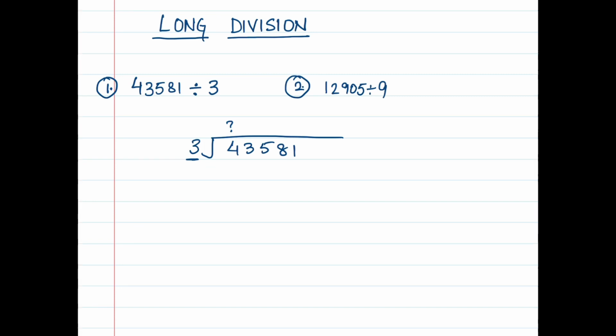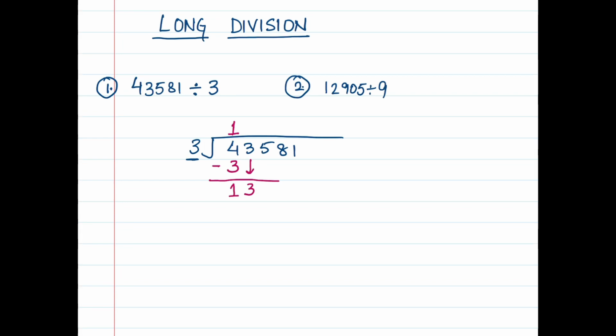So it's 3 times 1 is 3, so it is smaller than 4, and also that's the closest number you get to 4, and then you subtract it. So 4 take away 3 gives us 1, then you bring down another number, 3.